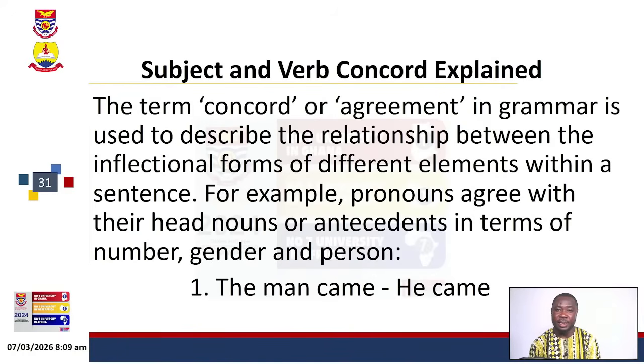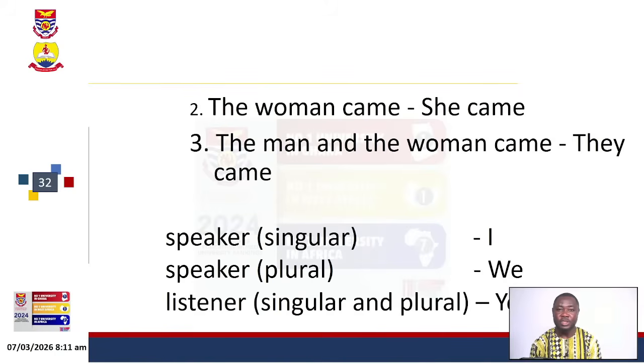So the man came. In that example, the man came. You have he came. Okay? He refers to the man. And because the man is just one person, the pronoun he is also one. We call the noun phrase in the man came a singular noun phrase. The pronoun is also a singular pronoun. Okay? The woman came.